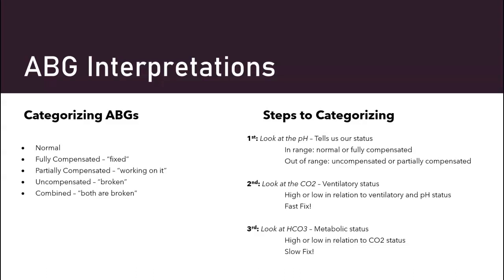Okay. So that tells me I am either in a normal range and I'm okay, or else I have been fully compensated. Okay? I'm one or the other. If I'm not that, then I'm out of range. So I identify, okay, am I acidotic or am I alkalotic? Okay, what's our issue?